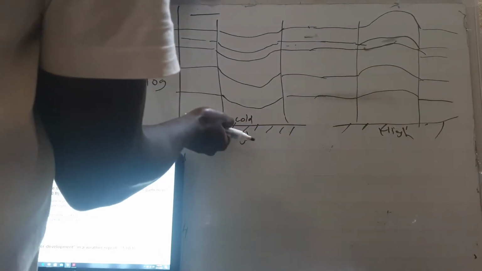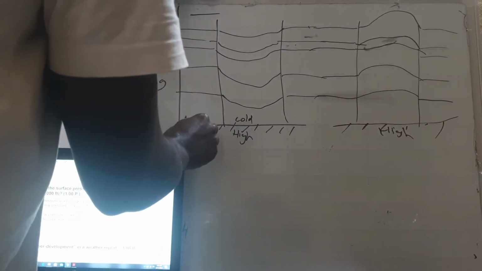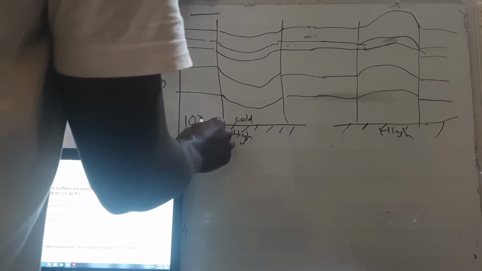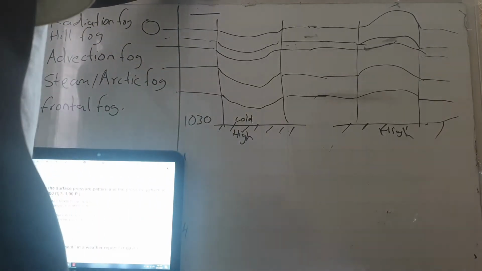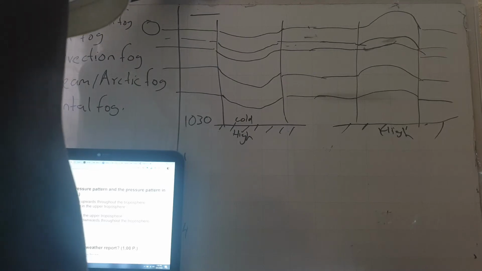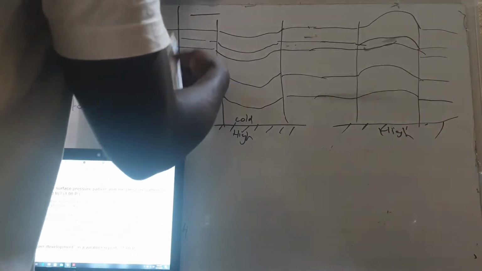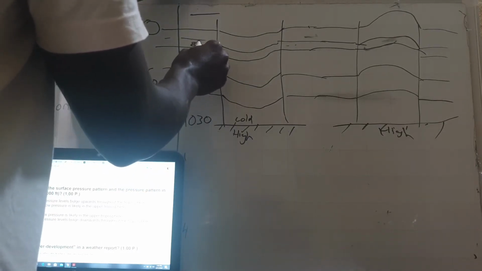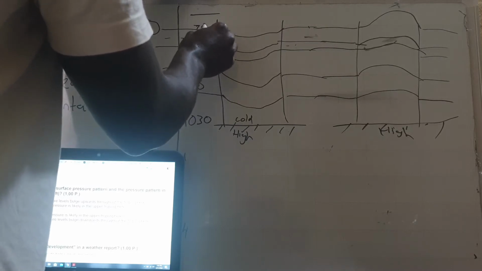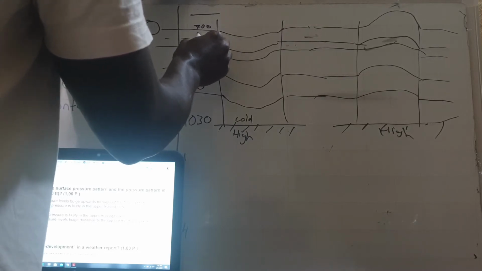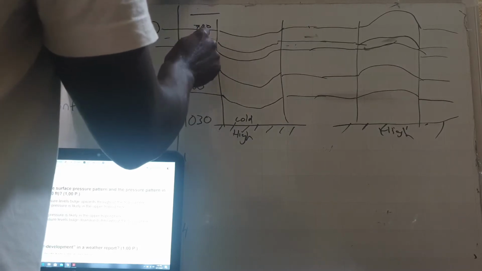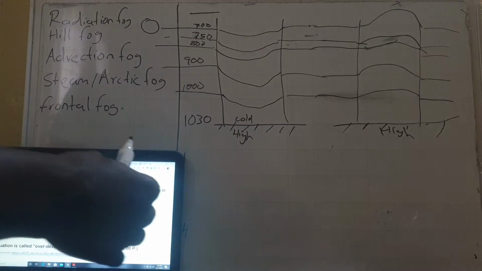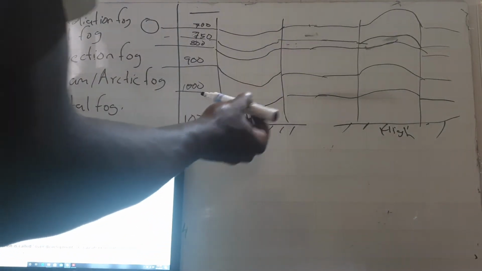So you know that the pressure is high here, maybe 1030 millibars. As it goes up, it drops: maybe this is 1000, this is 900, this is 800, this is 700, maybe this is 750.